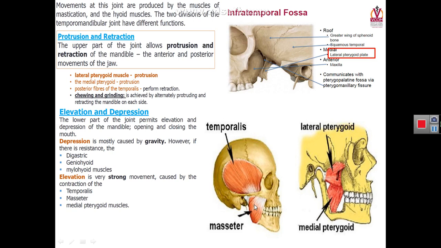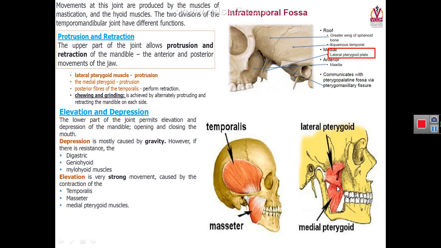The third and fourth muscles of mastication, in addition to temporalis and masseter, can be seen when removing part of the mandible with the masseter and temporalis muscles, because these other two muscles are located inside the infratemporal fossa. They are attached to the pterygoid plate. You know that the base of the skull shows a lateral pterygoid plate and a medial pterygoid plate.